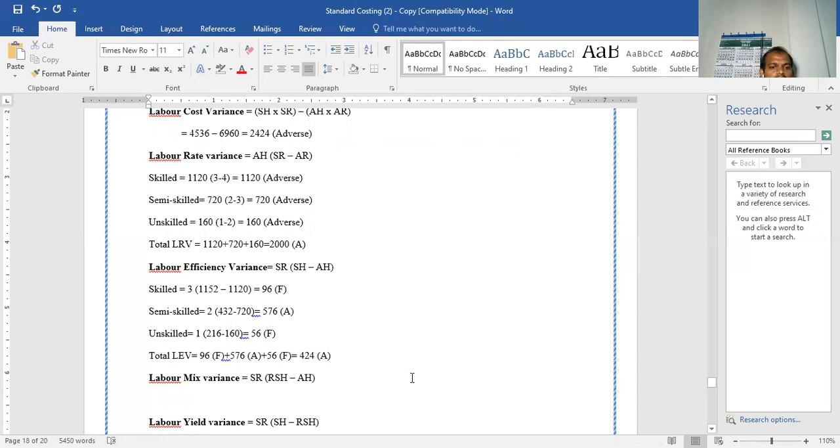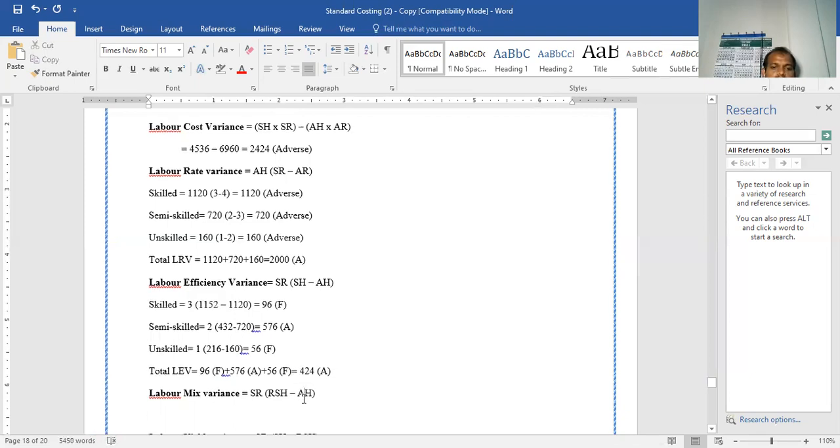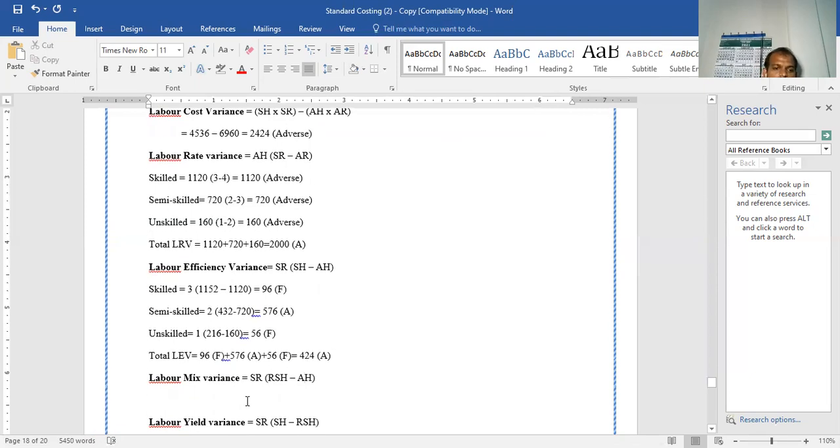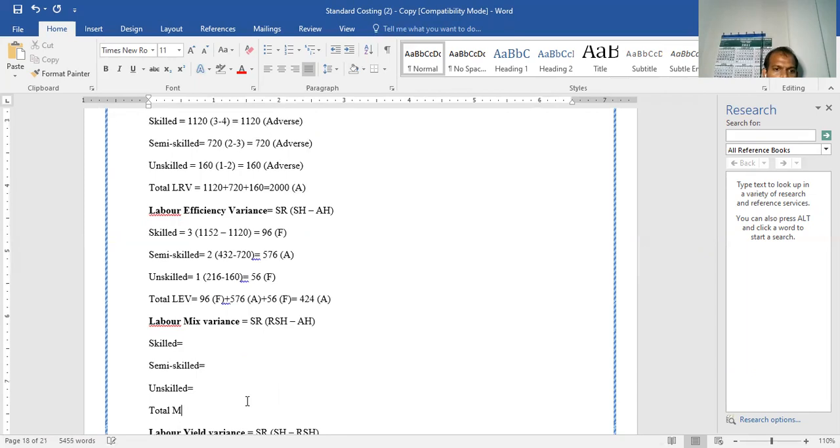So coming to the labor mix variance: standard rate into revised standard hours minus actual hours. Again, we have to calculate for each and every category of labor: skilled, semi-skilled, unskilled, and total labor mix variance.